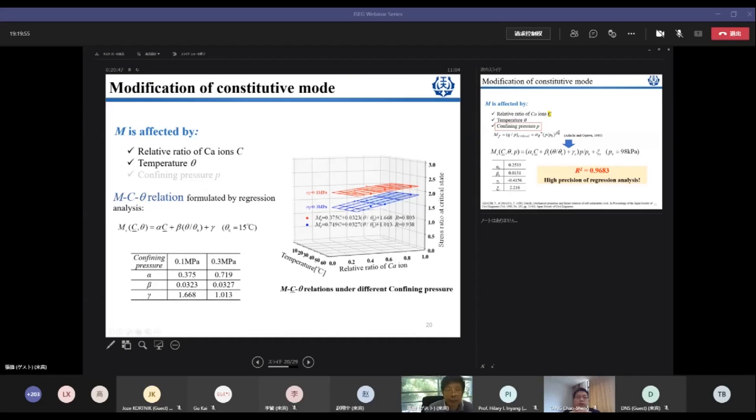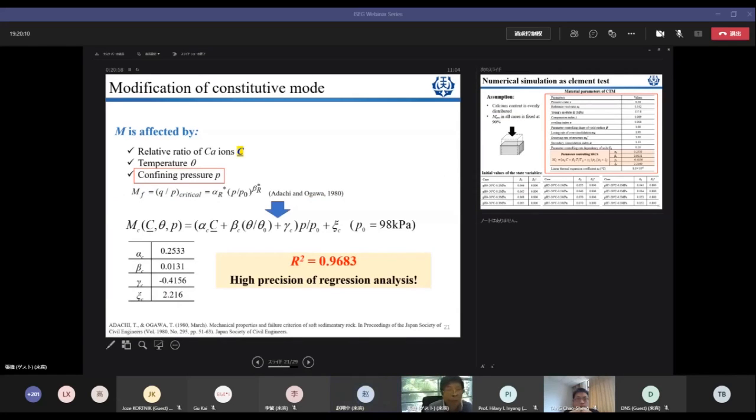So you can find the regression relation, a strong relation can be obtained. And finally, we get a very nice regression analysis result with an almost linear relation between the capital M, the relative ratio of Ca, the temperatures, and the initial confining stress.